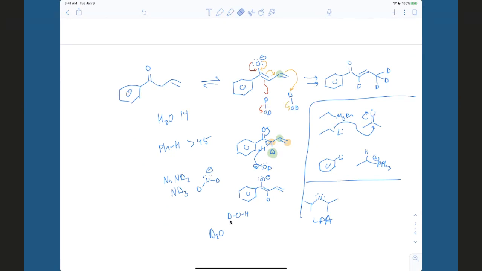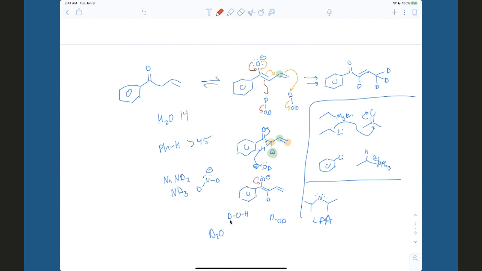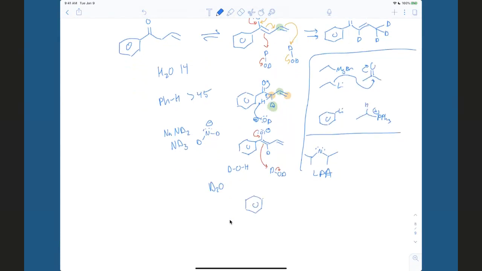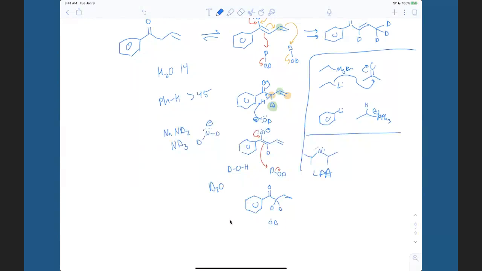And so now this will come back again. We're going to have another D2O. And once again, we're going to have the choice. We can have our red pathway happen again, and it might briefly make a deuterium where we end up with two deuteriums here. But the thing is, these are still acidic. And you can also deprotonate a deuterium.